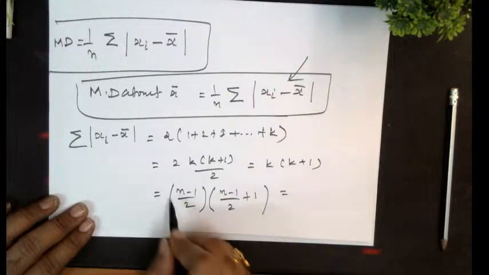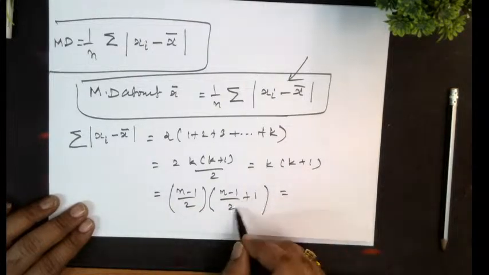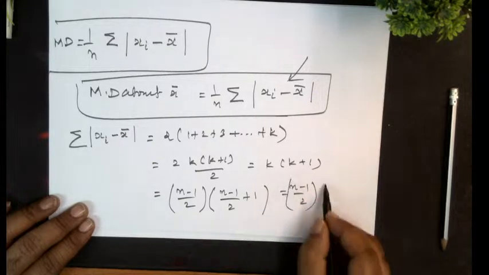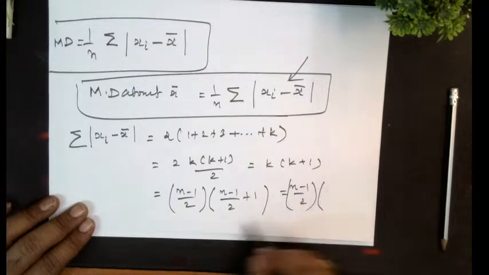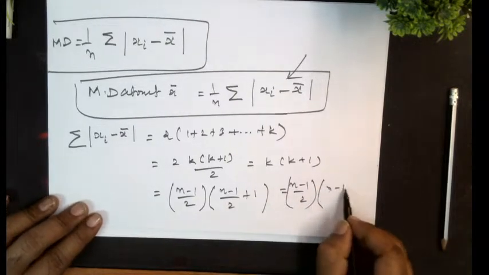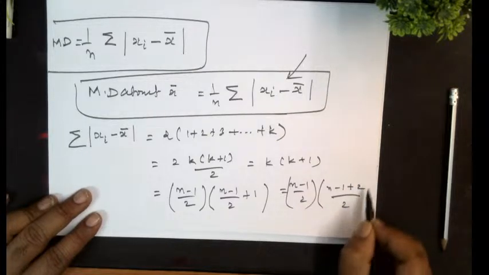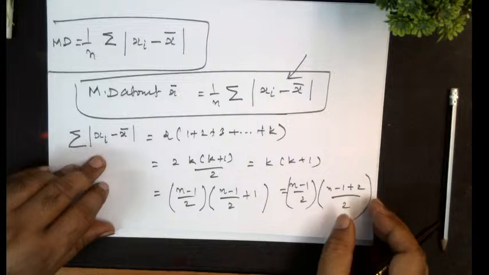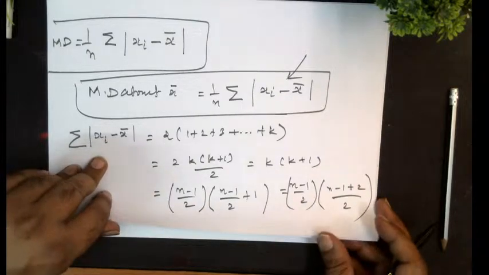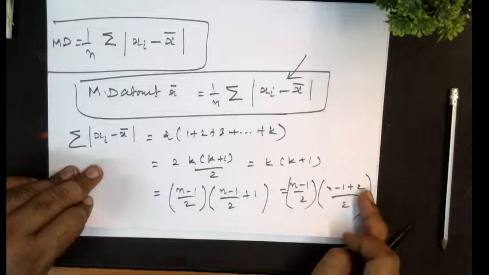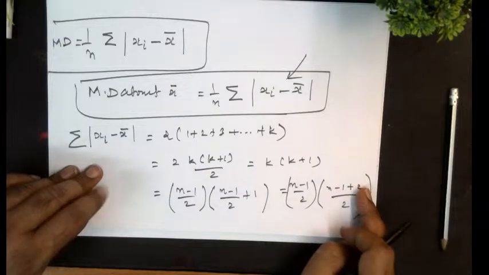So that is equal to என்ன வருது? We take LCM. அப்போ n minus 1 divided by 2, open the bracket, LCM எடுத்தா n minus 1 plus 2 all divided by 2. Got it? அப்போ என்ன வரும்? n plus 1ன்னு வரும். கரெக்டா? ரைட். 2 minus 1 plus 1 தானே, அப்போ n plus 1.